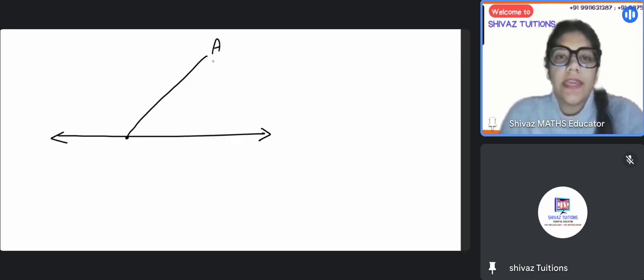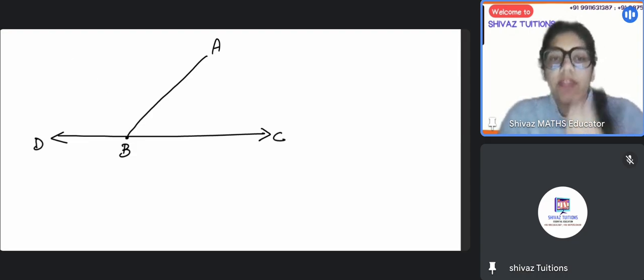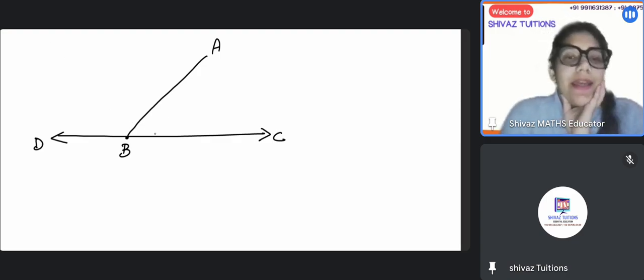Okay, so this is A, B, C, and D. I am seeing here two angles are forming, as you can see, angle ABD and angle ABC. I am seeing the measurement of this angle is 75 degrees. Can you tell me what is the measurement of the other angle?